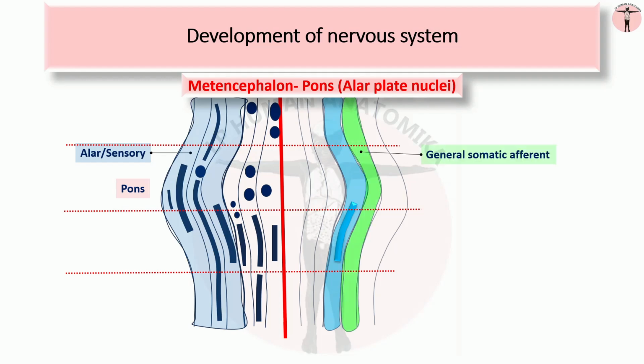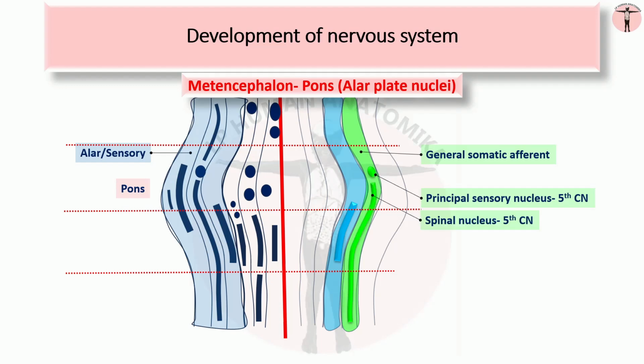The general somatic afferent column is represented by three nuclei: the principal sensory nucleus of the trigeminal nerve in the middle of the pons, the spinal nucleus of the trigeminal nerve extending caudally towards the medulla, and the mesencephalic nucleus of the trigeminal nerve, which extends cranially towards the midbrain.